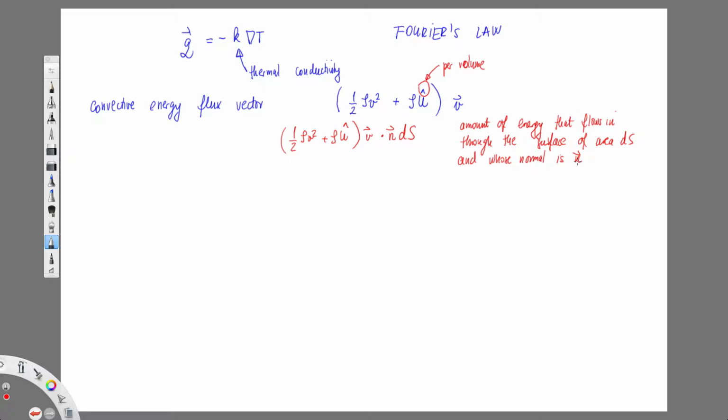So in general, work is F dot trajectory vector R, and the rate of work is F dot dr/dt, so that is F dot v.